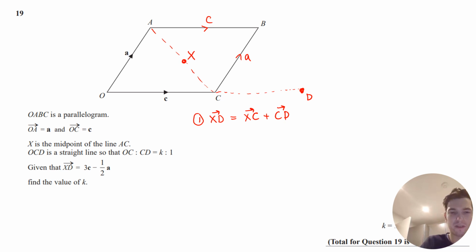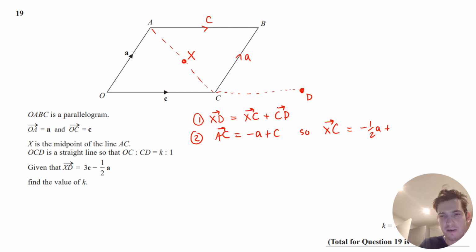So my next step, first of all, I know what A to C is. So that's going to be minus A plus C. Therefore, X to C is, X is the midpoint of AC, so I'm going to half that. So minus a half A plus a half C.